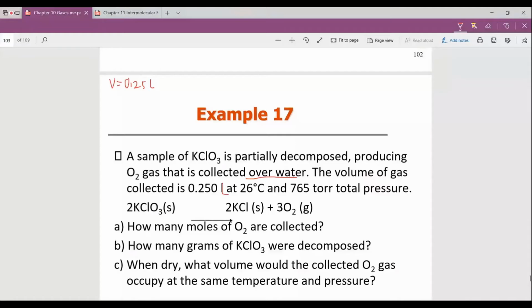What else do we have? P total, and the temperature, 26 degrees Celsius. 26 plus 273.15, then we get Kelvin. This is degrees Celsius changed to Kelvin. And we have P total equal to 765. Okay, how to calculate the oxygen? You have three variables.